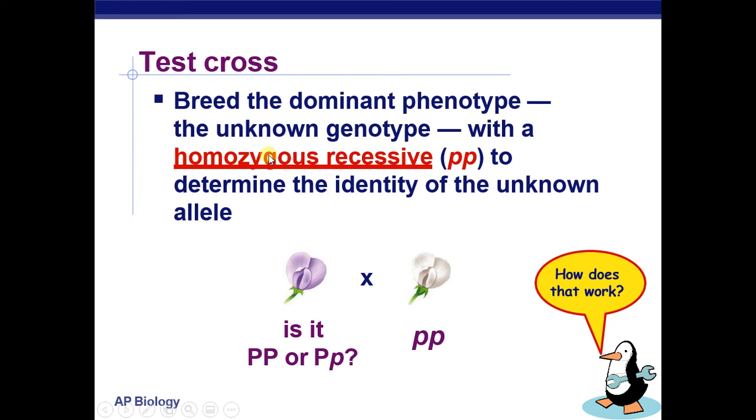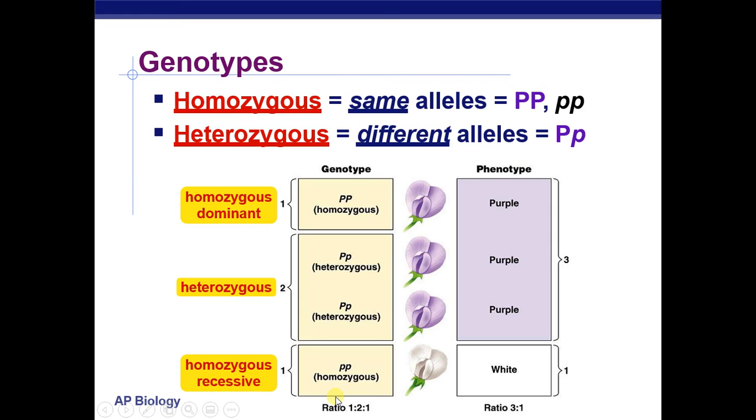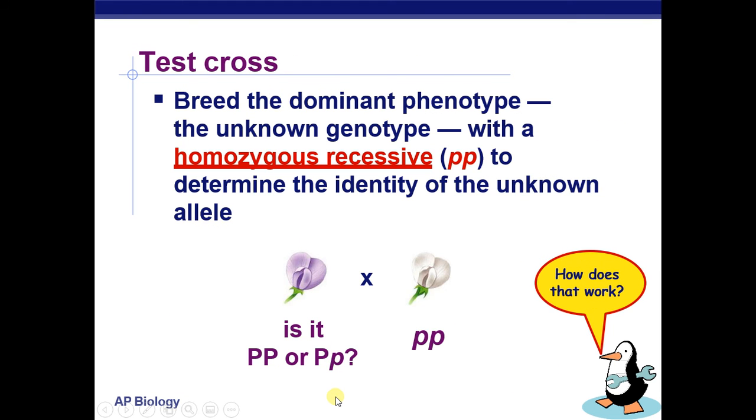It is when you breed the dominant phenotype with an unknown genotype. When you breed a dominant phenotype, so an organism that you know has a dominant trait, but you don't know whether it is homozygous or heterozygous, and you breed that organism with another that you know is homozygous recessive.